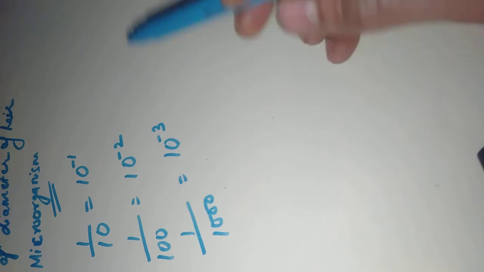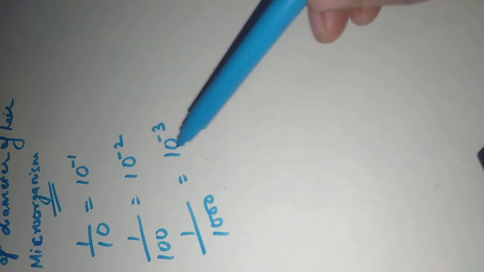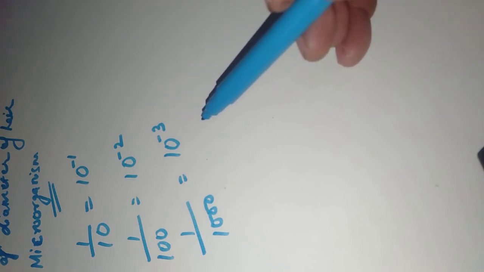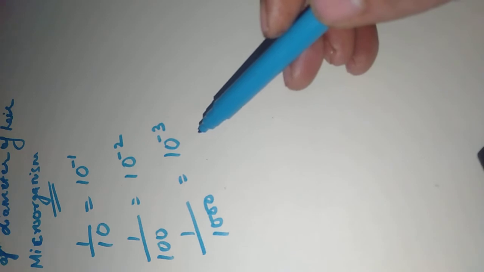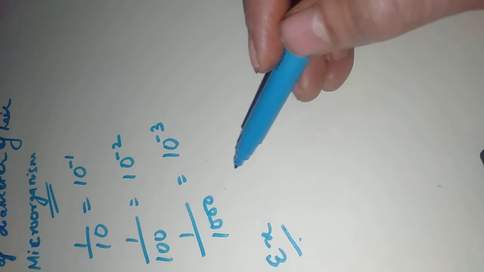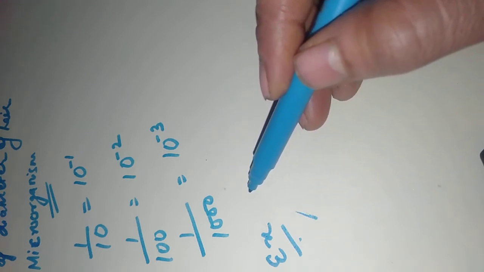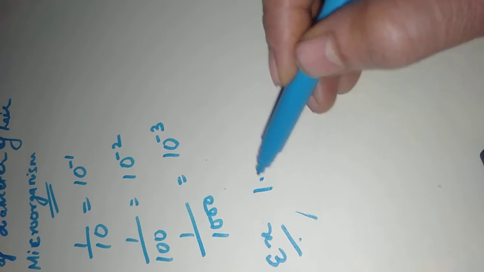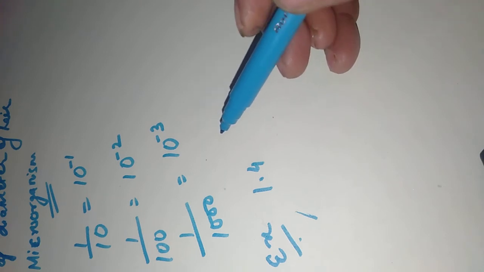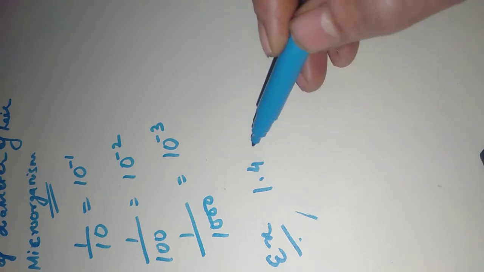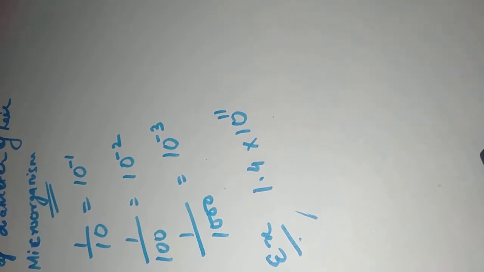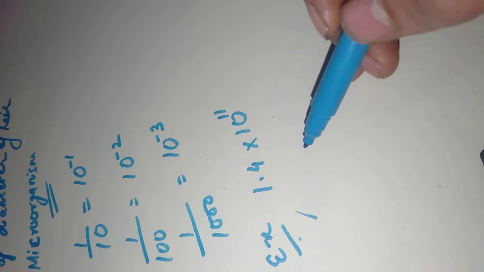Positive powers are used for large numbers and negative powers for small numbers, expressing large numbers in a smaller form. For example, the distance between Earth and Sun can be expressed as 1.4 into 10 to the power 11.